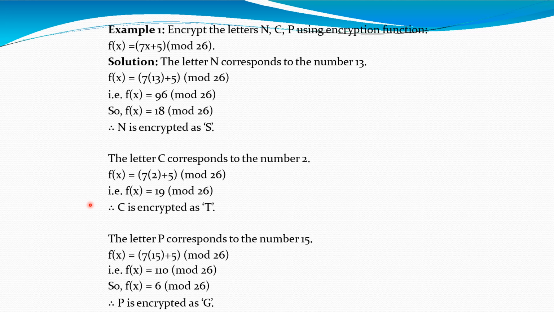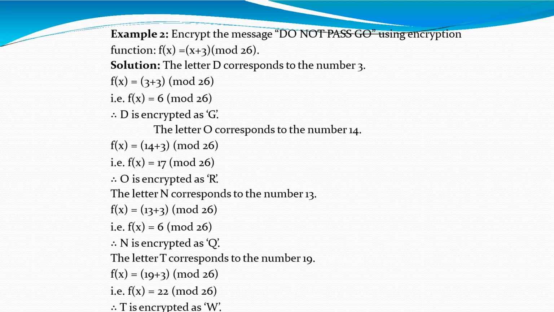The letter corresponding to 19 is T, so C is encrypted as T. Similarly, P corresponds to the number 15. Putting x is 15, it is 105 plus 5, 110. After dividing 110 by 26, the remainder is 6. So f(x) is 6, and the corresponding letter is G. Hence P is encrypted as G.